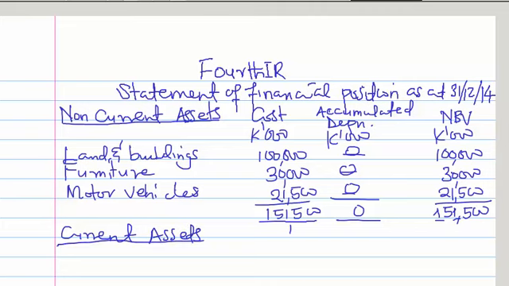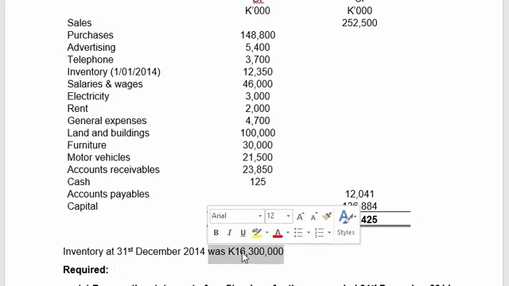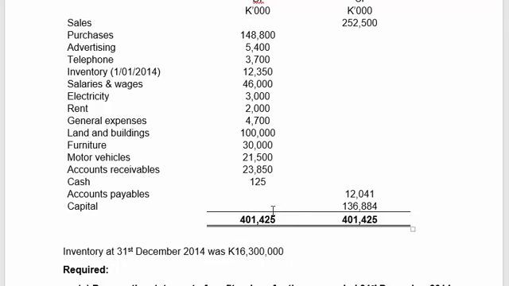When you go to your question, your current assets include things like your inventory, your receivables, and your cash. The inventory that we choose is not the opening inventory, it's the closing inventory. So you get your closing inventory of 16.3 million, your cash of 125, and your receivables of 23,850. I'll just list those up.